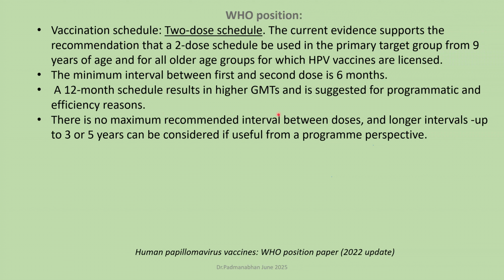There's no maximum recommended interval between doses, and a longer interval of 3 to 5 years is useful from a program perspective. If somebody has missed the dose, came back after 5 years, you can give the second dose. Between the first and second dose is 6 months. Now the WHO has come down from 3 doses above 13 or 14 years to 2 doses for all.